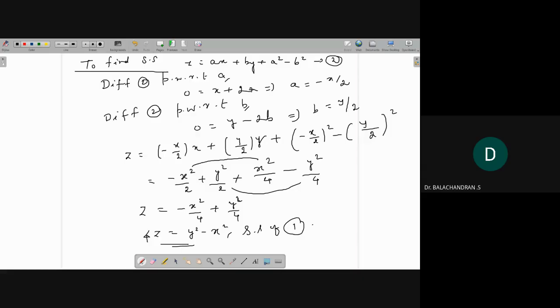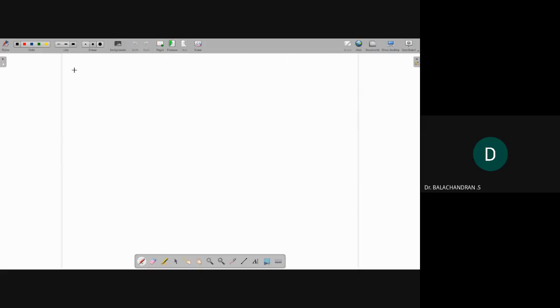Suppose we have x plus 2ab and y minus 2ab, then it is a little bit difficult to find a in terms of x and y, and b in terms of x and y. So next problem we will see those types of situations. Okay, problem number 3.